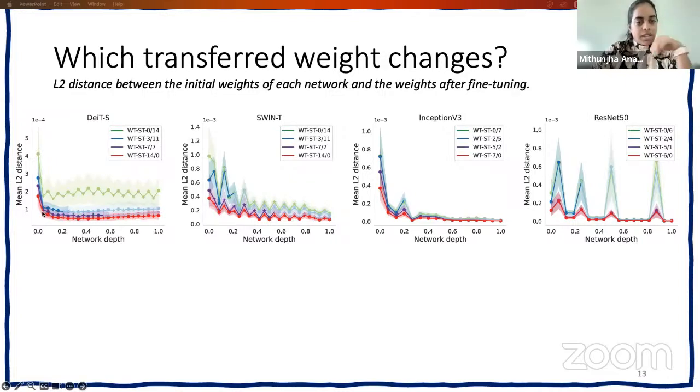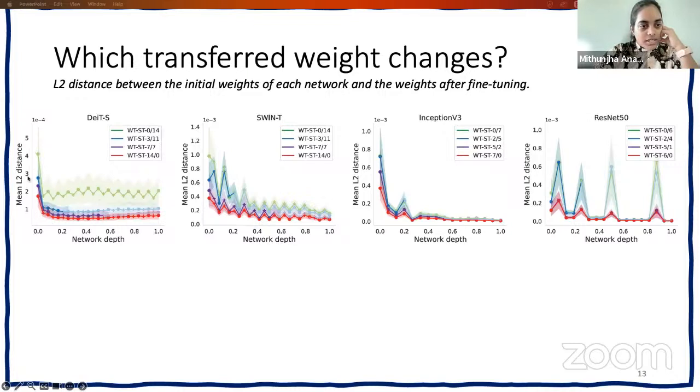The observation we can make here is that it's going as a flat line, which means the mean L2 distance between the weights before fine tuning and after fine tuning is always minimum, which means the weights are not changing by a lot. A similar observation can be made for the other networks also. Compared to the stat transfer, where the distance is around 2, for weight transfer it's almost less than 1.